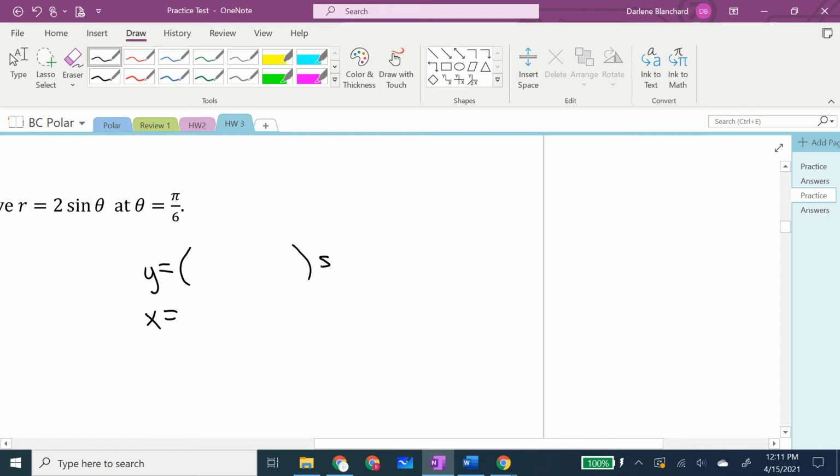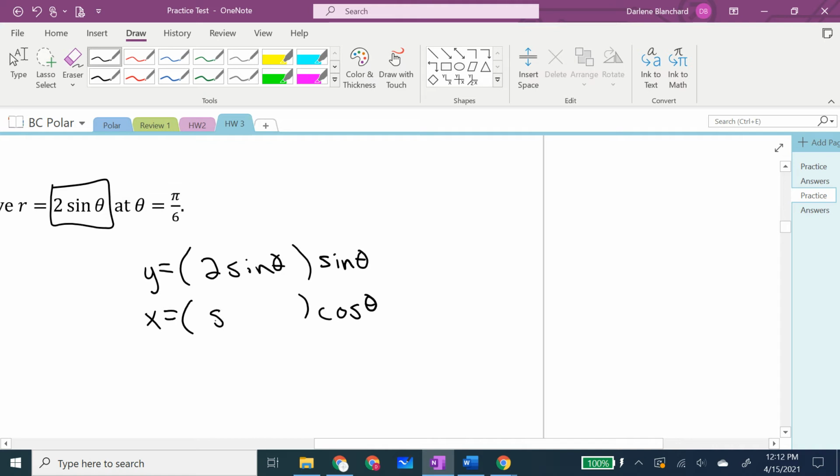So you know the formulas are, for y, it is r times sine theta. Are you with me online? And x is equal to, good, r times cosine theta. And then you're just going to take whatever that r equation is and put it in here.